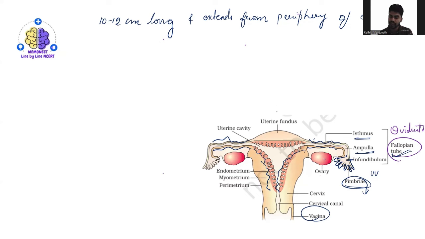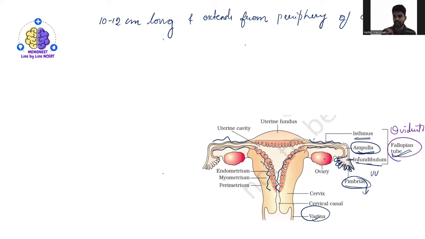Next to the infundibulum you have the ampulla, the wider part of the oviduct.